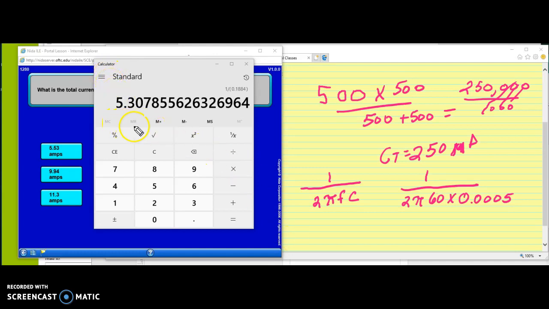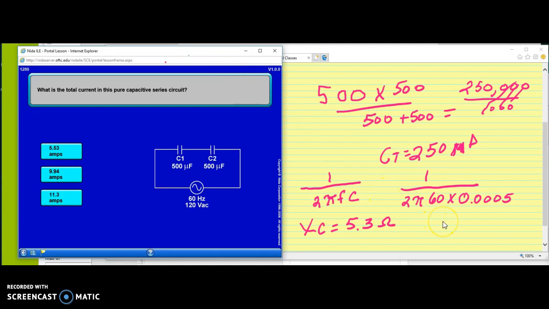So we come over here, X of C is equal to 5.3 ohms. Our applied voltage is 120 volts, so if we want to do the math here, we simply take 120 volts divided by 5.3 ohms, and we arrive at our current here, total current.